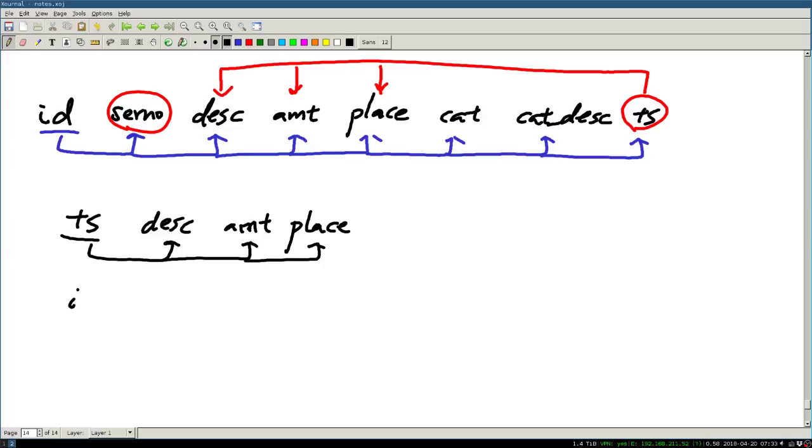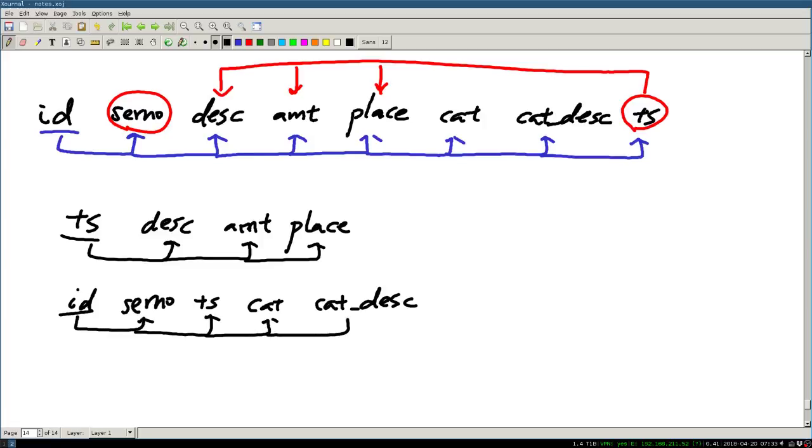And then the remaining attributes, ID, serial number, timestamp, category, and category description. ID is the primary key to determine all the others. So this is the second normal form design.